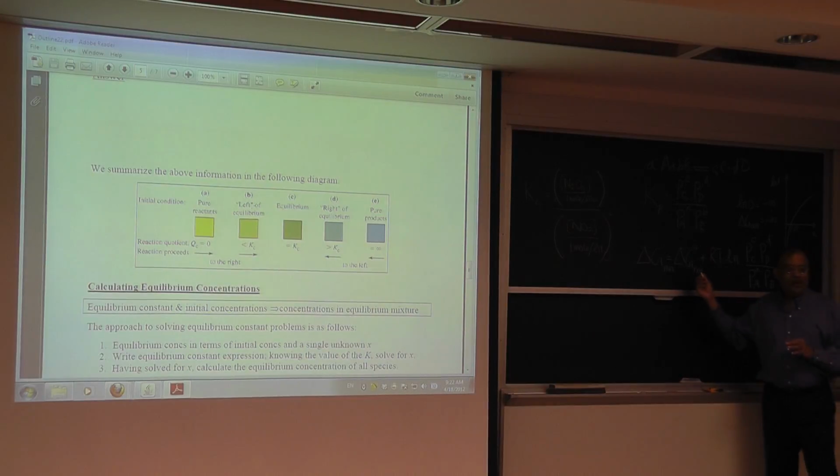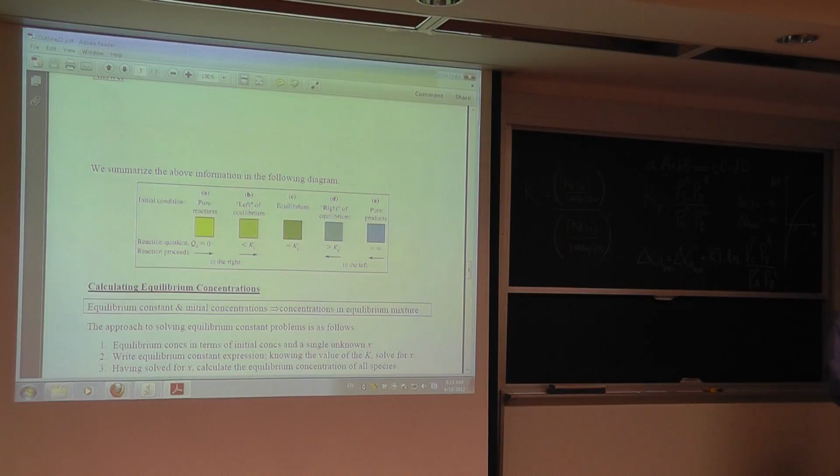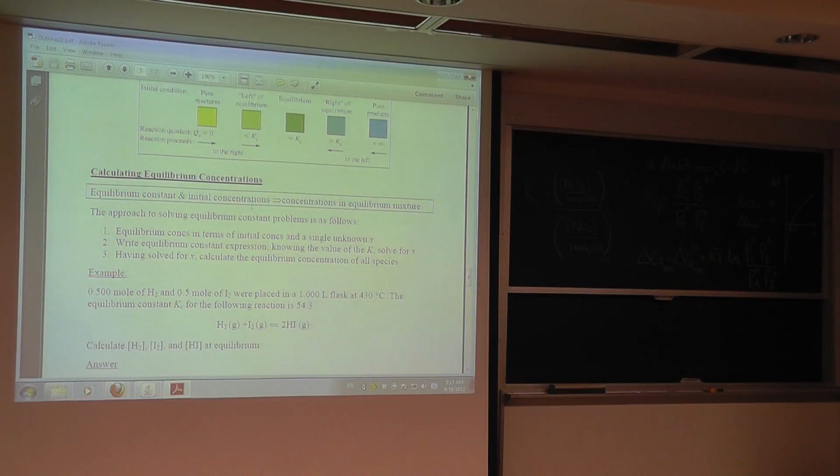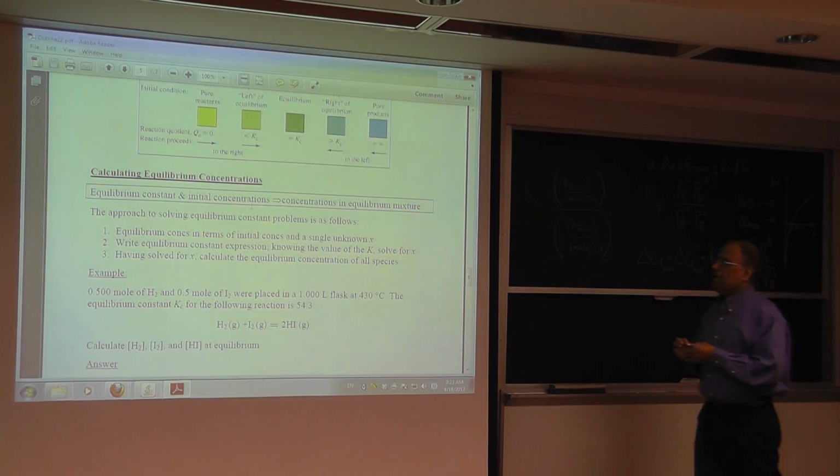You can ask this of a lot of PhD chemists, and they will get this wrong. A very fundamental concept that is misunderstood by a lot of people. Very, very basic concept. Questions? All right, let's move on to another topic.